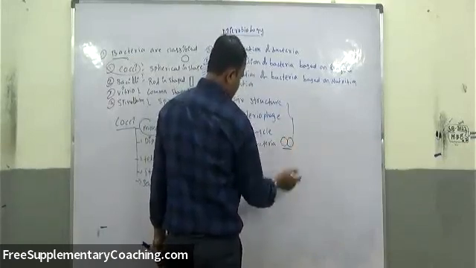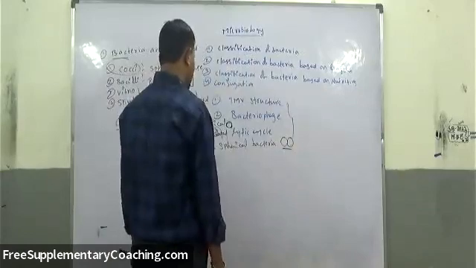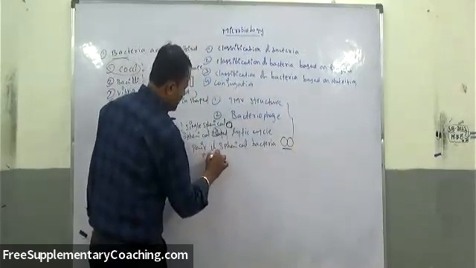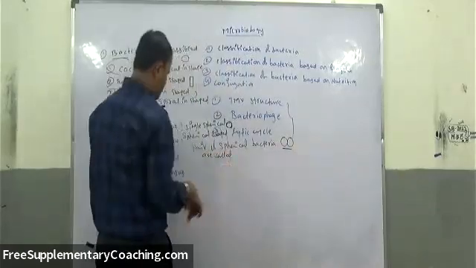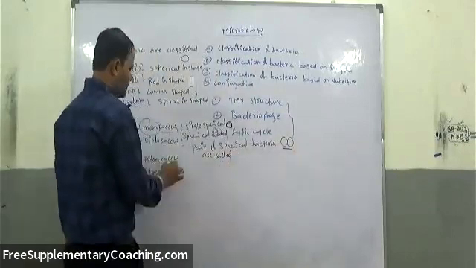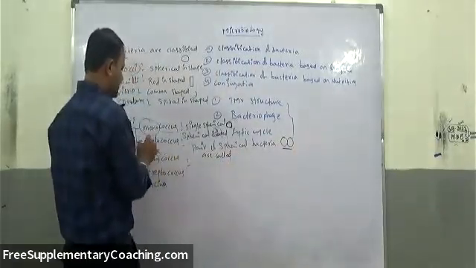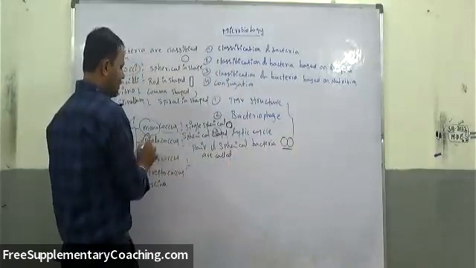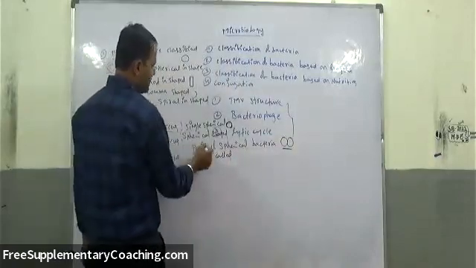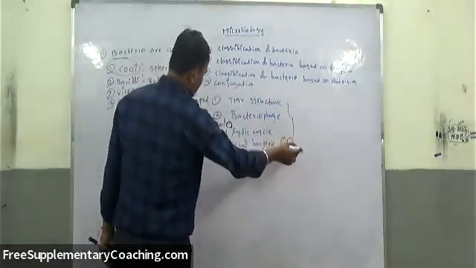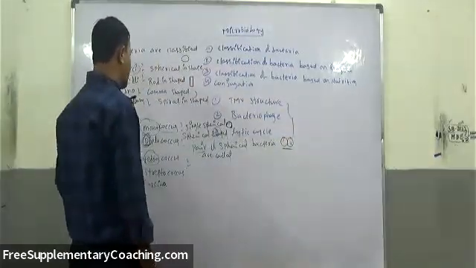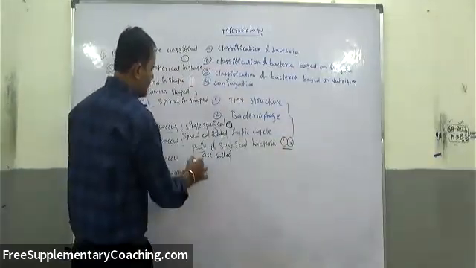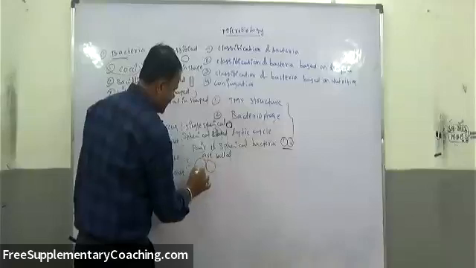A pair of spherical bacteria are called diplococcus. Di means two, so a pair means two. Then tetracoccus. Tetra means four.